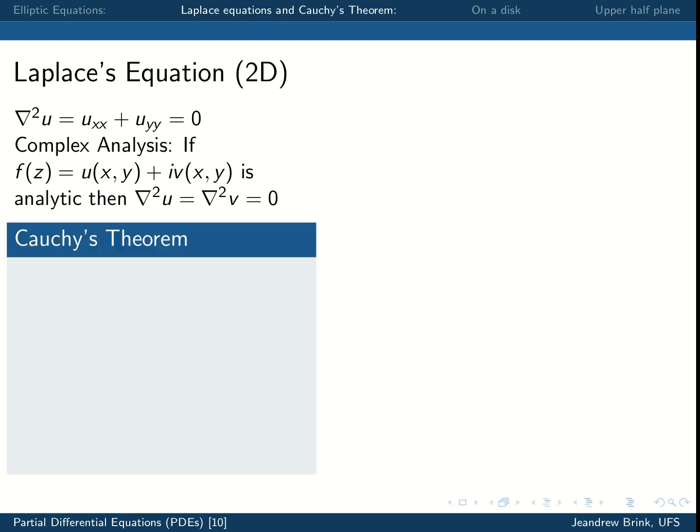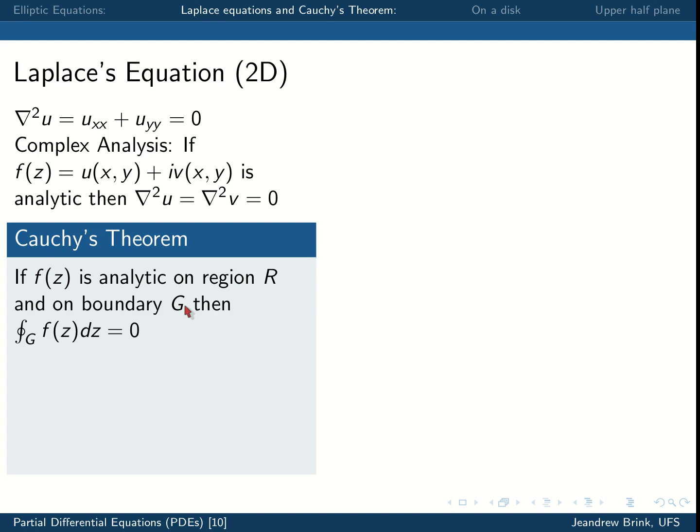Okay, just to remind you, because I'm assuming that you've had at least a basic complex analysis course, there's something called Cauchy's Theorem that has to do with analytic functions. What it says is basically if f(z) is analytic on a region R of the complex plane, and that region R has boundary G, then the integral on the boundary, the closed curve around the boundary, of f(z) dz is equal to 0.